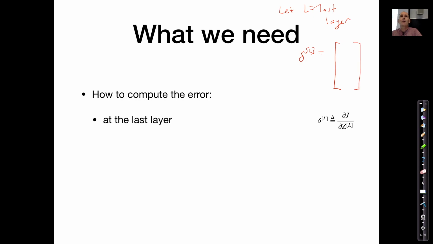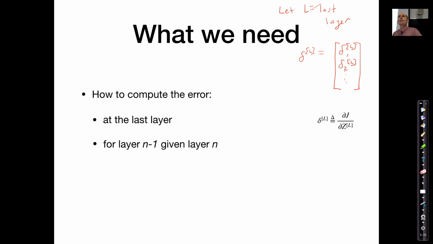We've got the error for the first neuron, the error for the second neuron, the error for the third neuron, and so on. But it's easier to just talk about the entire set of errors. So we have defined sigma L, but we're going to need to figure out how to compute it.